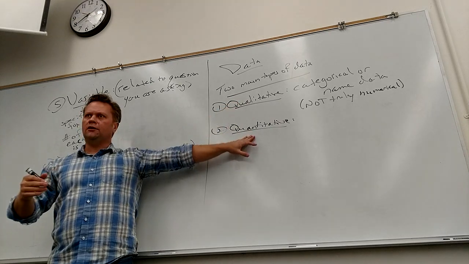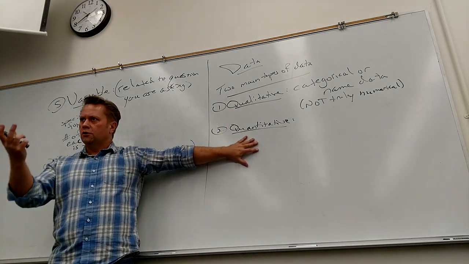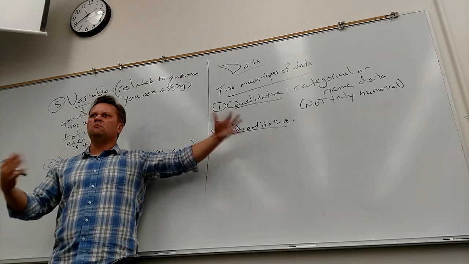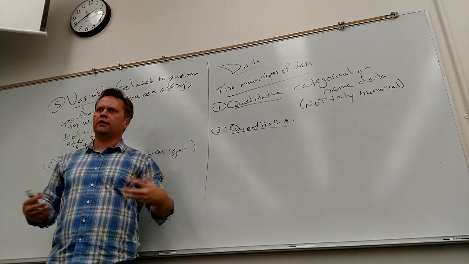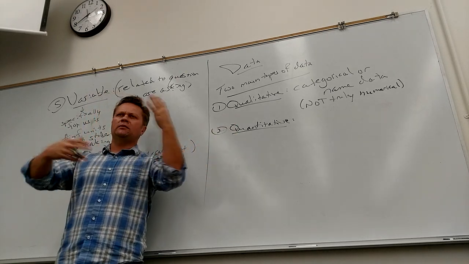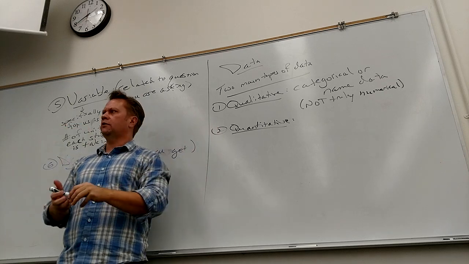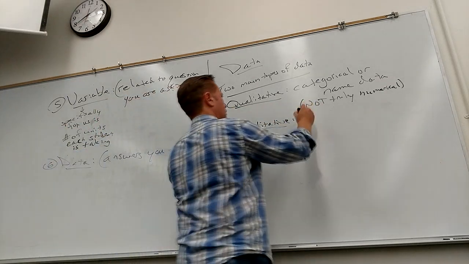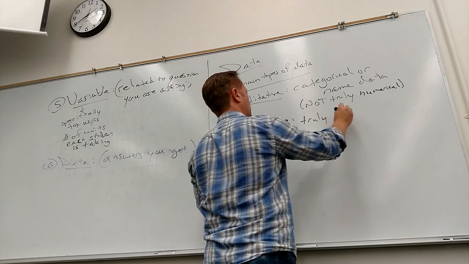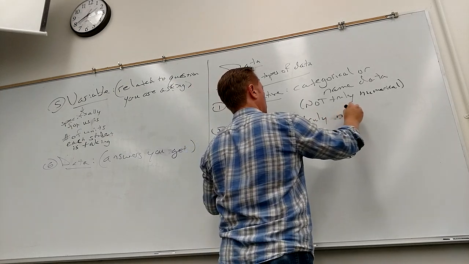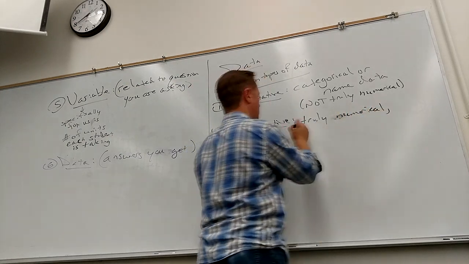So quantitative, that root word, of course, is quantity. So that's stuff you can measure. That's truly numerical data, where you can subtract and maybe divide and do numerical stuff with them, and it makes sense. Often measurements.